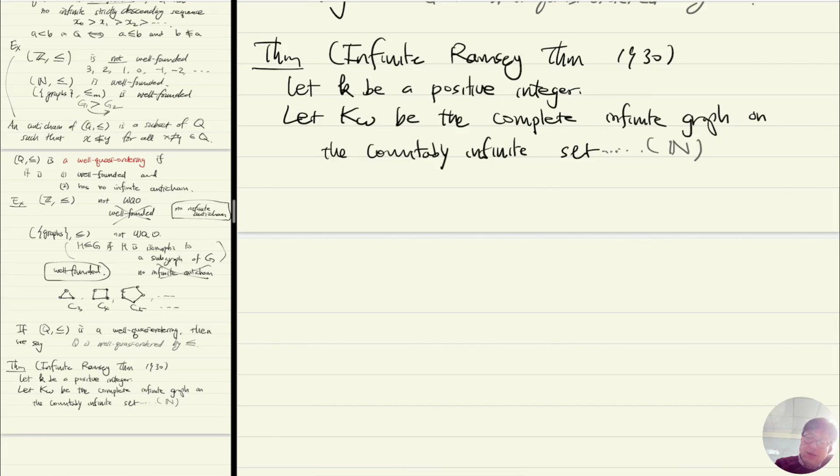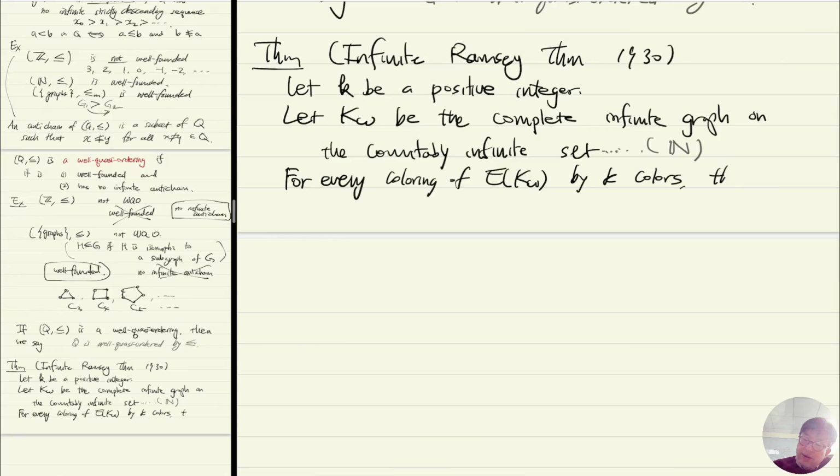Now we say the following: for every coloring of edges of K omega by k colors, there exists an infinite complete subgraph whose edges are monochromatic.